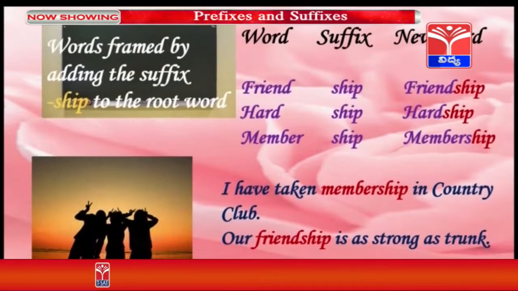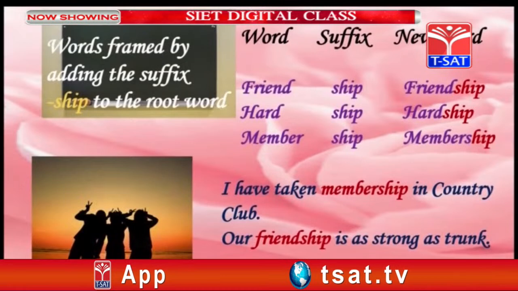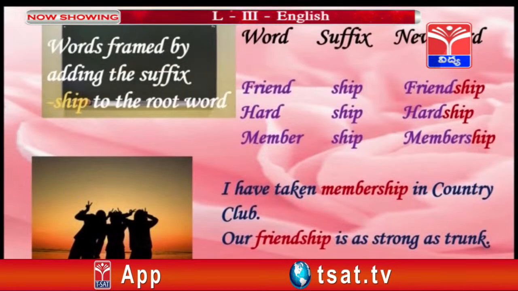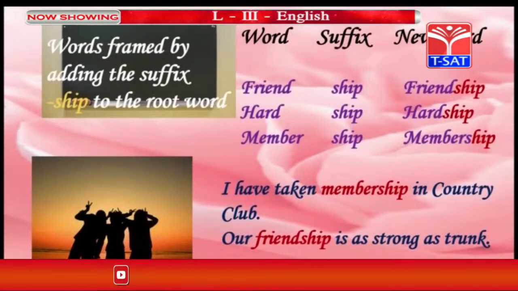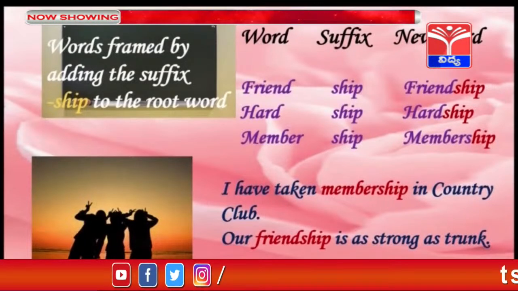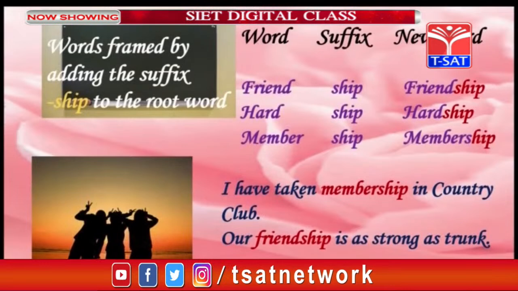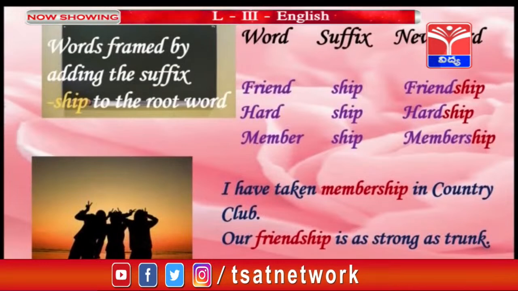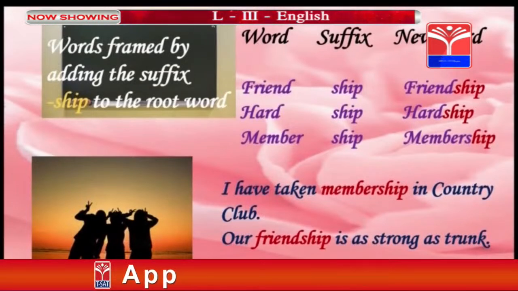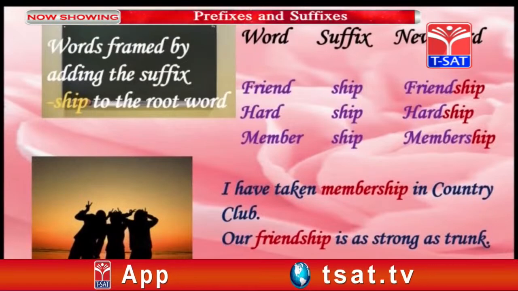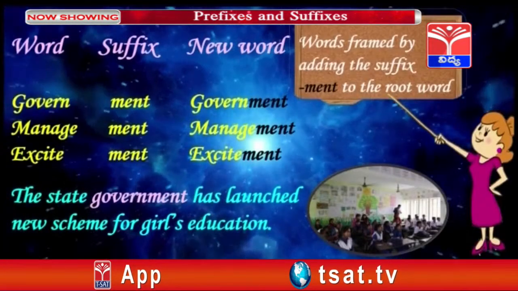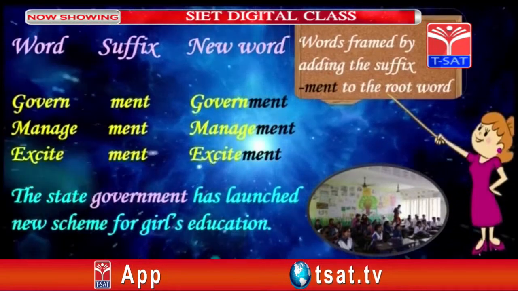In the same manner, hard becomes hardship by adding the suffix. Member, membership. I have taken membership in a country club. Our friendship is as strong as a trunk. My hardship never wasted. Here we are with the next example.